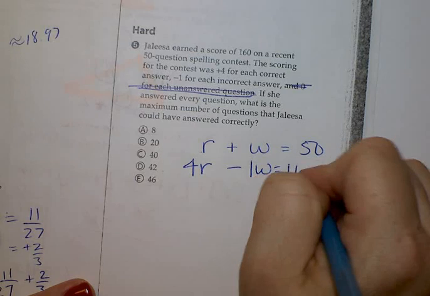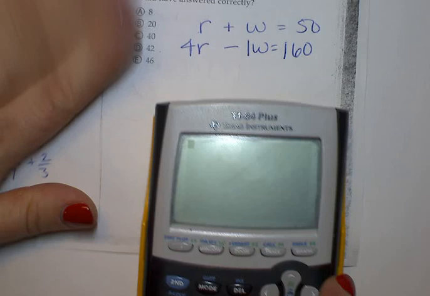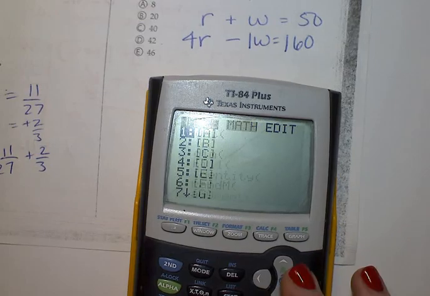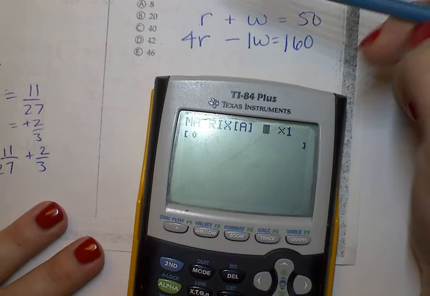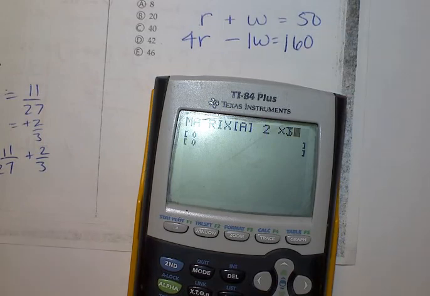So now I could do a system of equations. Sure, you could do elimination or substitution, or if you've been in my class, we also use the row reduction echelon form. So I'm going to do second plus 7, 1, 2. I'm going to do second matrix, going over to edit. Notice there are 2 rows and 3 columns, so the dimensions are 2 by 3, plugging in the numbers in front of the variables.